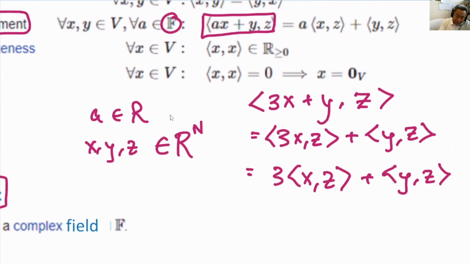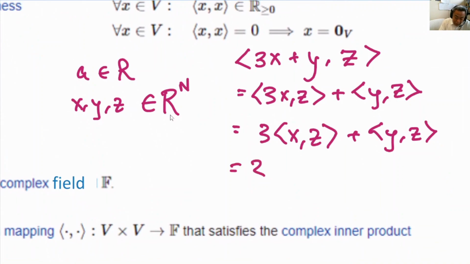And you realize that if we are using the dot product, 3x transpose z plus y transpose, I shouldn't say that, it should be the other way around, it should be z transpose x plus z transpose y.